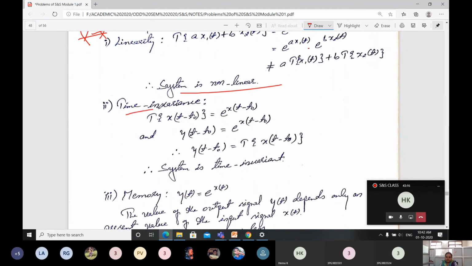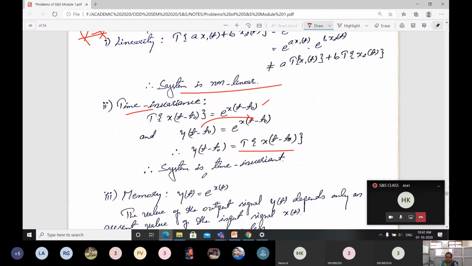Then if I check the time invariance, T of x of t minus t naught is going to be e power x of t minus t naught. Y of t minus t naught is e power x of t minus t naught, which changes with time. So y of t minus t naught satisfies the condition T of x of t minus t naught.